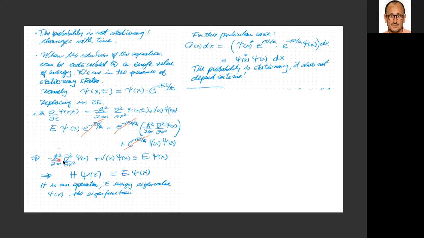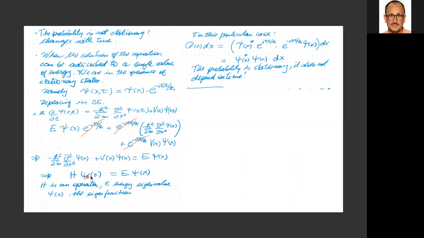The expression we have is that the right-hand side is equivalent to an operator, just like the operator of kinetic energy, but now it is the operator of total energy, H, times the wave function as a function only of the coordinate in space, equal to the energy times phi of x. This thing over here looks exactly like what I have mentioned to you before. This is the equation we want to solve in general in quantum mechanics.